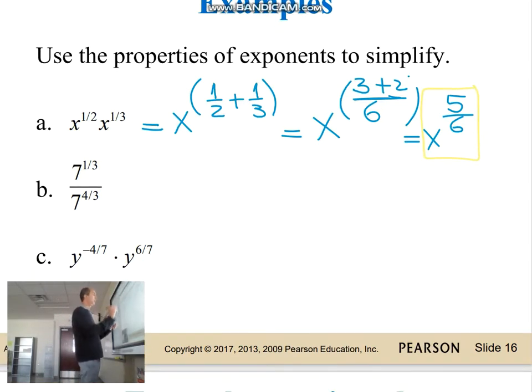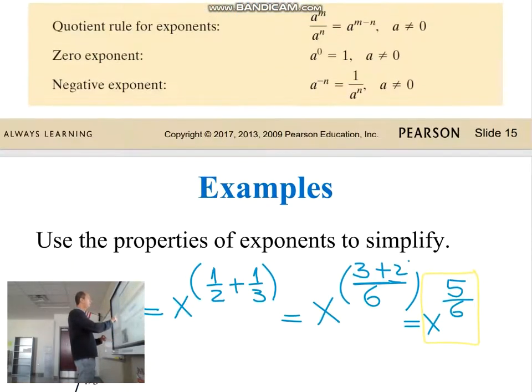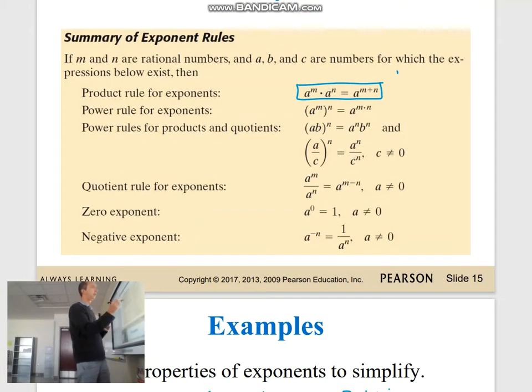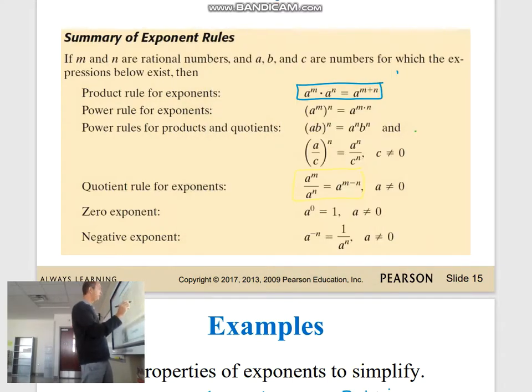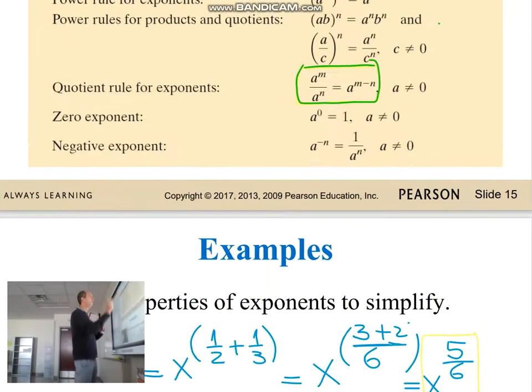Now, check this. 7 exponent 1 over 3 over 7 exponent 4 over 3. Check the rules. And what can we apply? Definitely this rule here. Can you see? This is the quotient rule for exponents. And then we need to subtract the exponents.